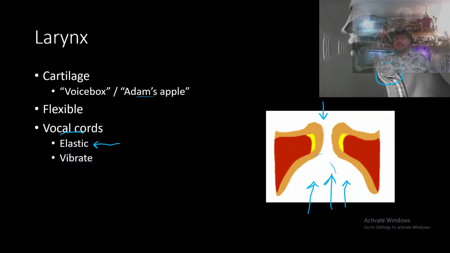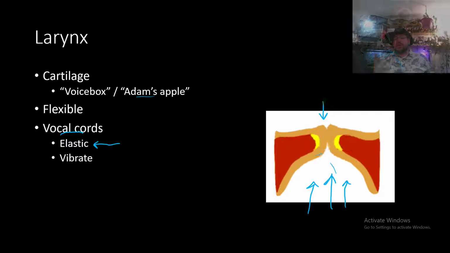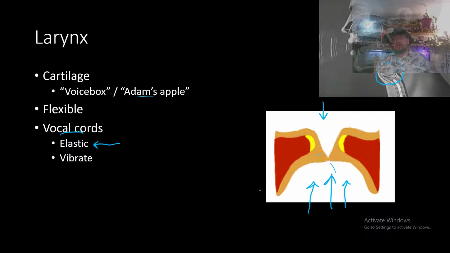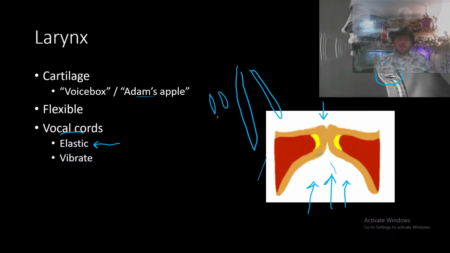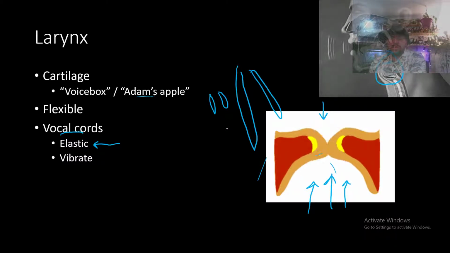The vibration, the frequency, how often these things slap together, how far apart they are, how long they are versus how short they are, all of this determines a number of different parts of your voice. But the whole thing is that it allows you to produce sound, right?